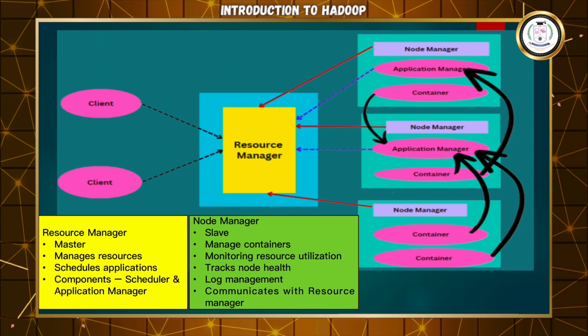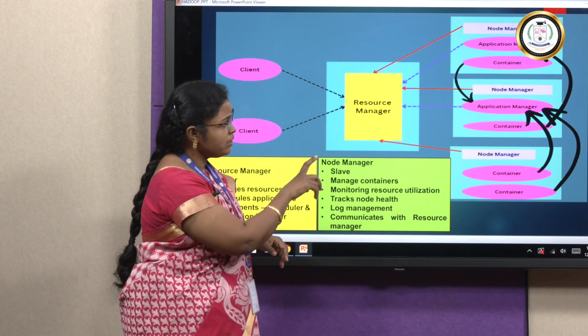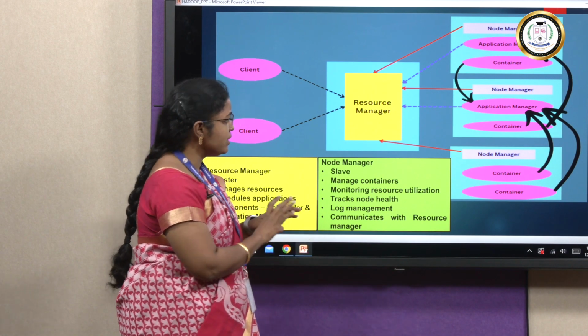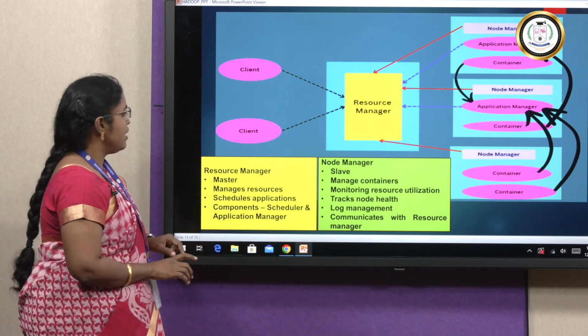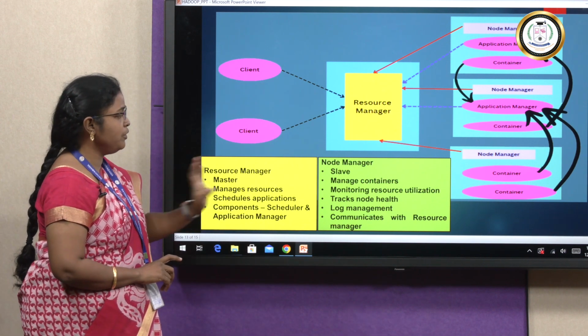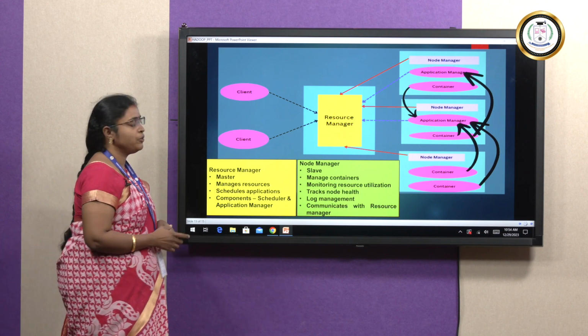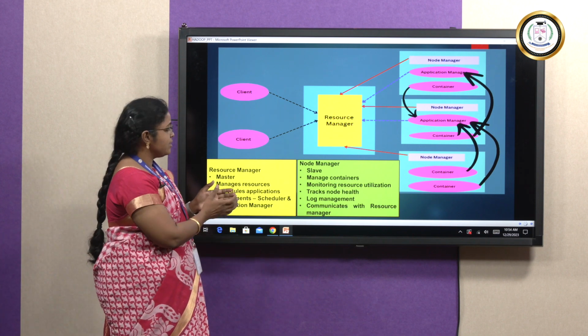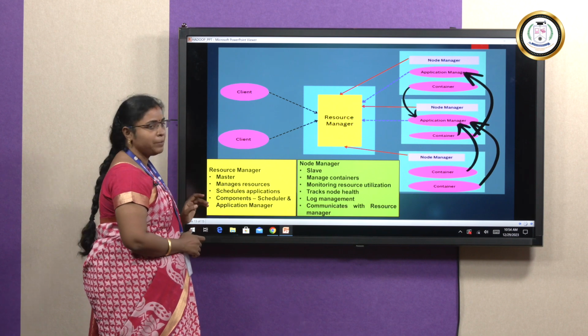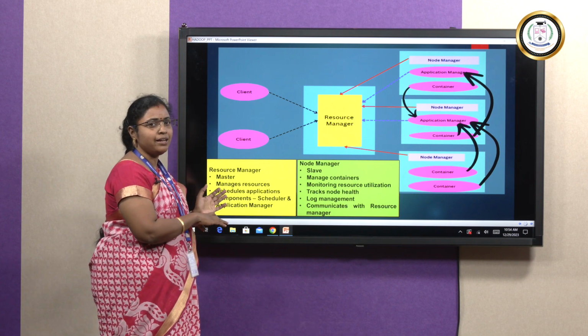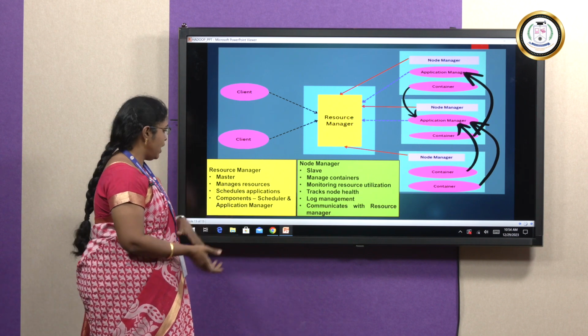So there are two different clients, one resource manager, and three different nodes. The first components of YARN are the resource manager and node manager. The resource manager will act like a master which is going to manage the resources and also schedule the applications. Depending upon the client request, it is going to schedule the applications.